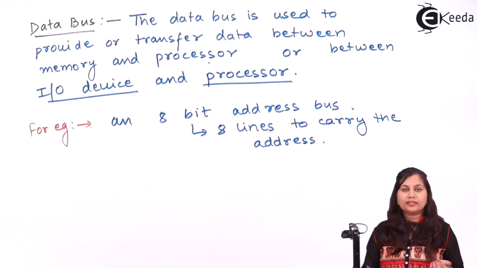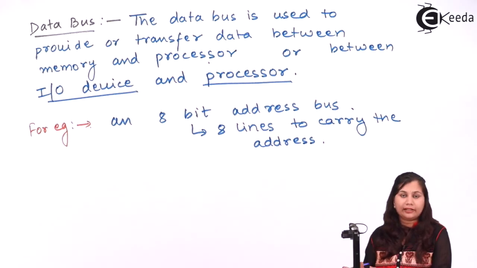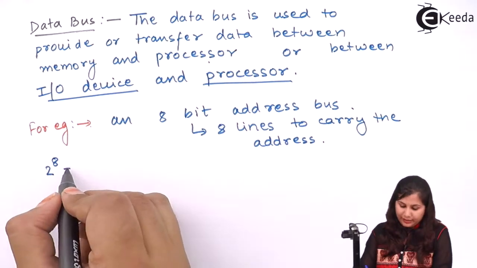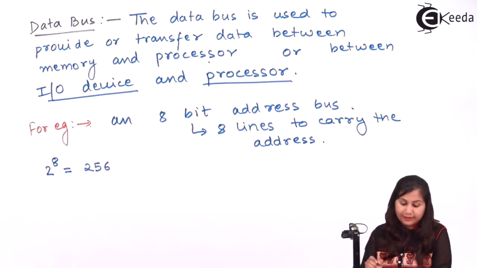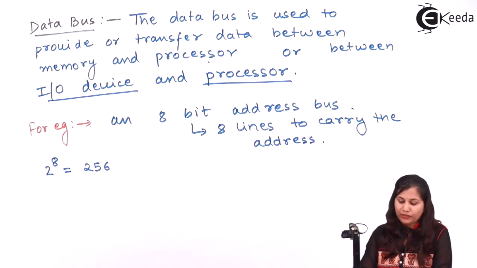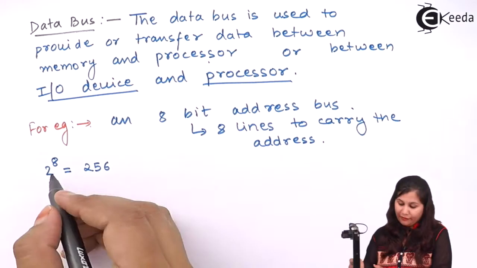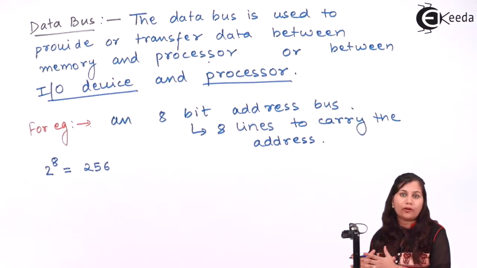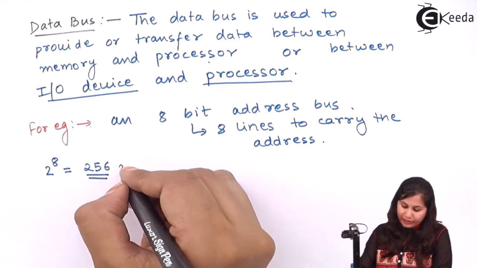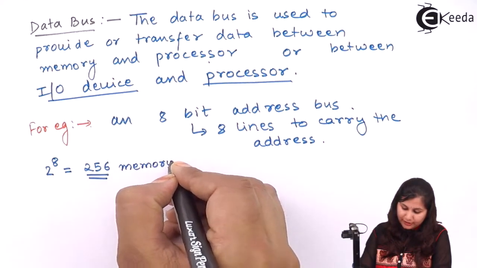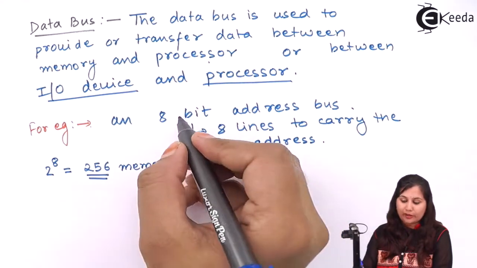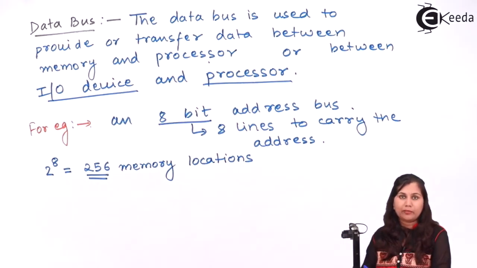To check the address range, we have 2 raised to the power 8, which is equal to 256. Because we have 8 lines, we can have 2 raised to the power 8 combinations of those 8 bits, so we have 256 memory locations that can be addressed using this 8-bit address bus.